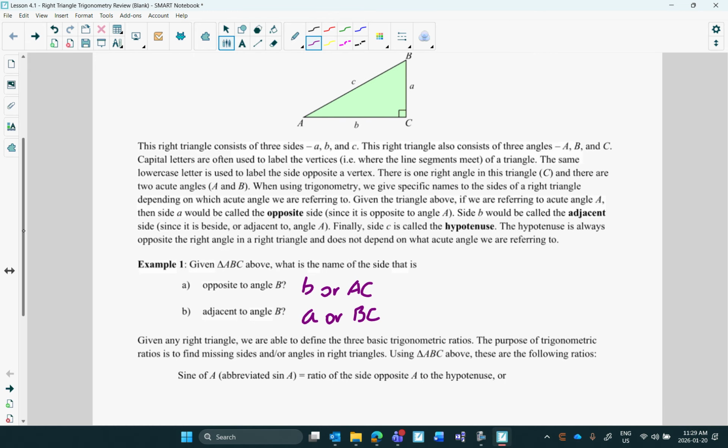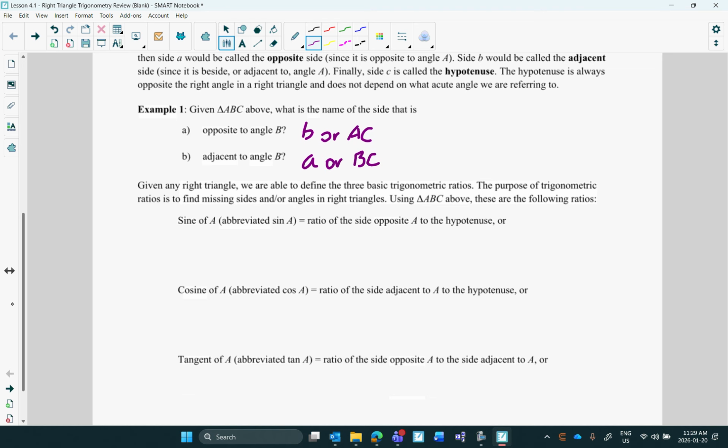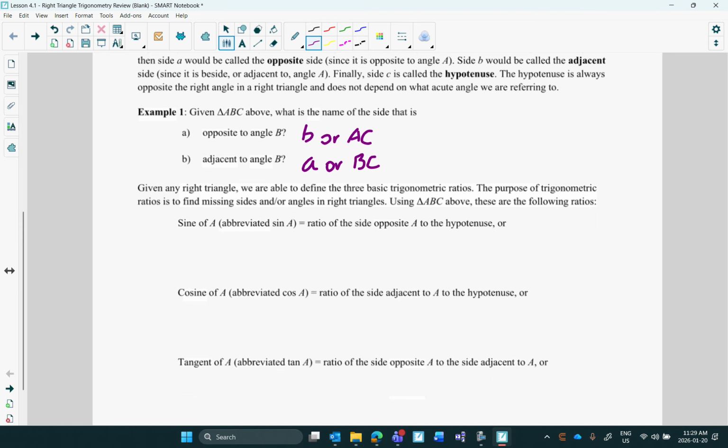Okay, here's how we define the three trig ratios. And again, it depends what acute angle we're talking about, because the opposite and adjacent sides change depending on what acute angle we're talking about.